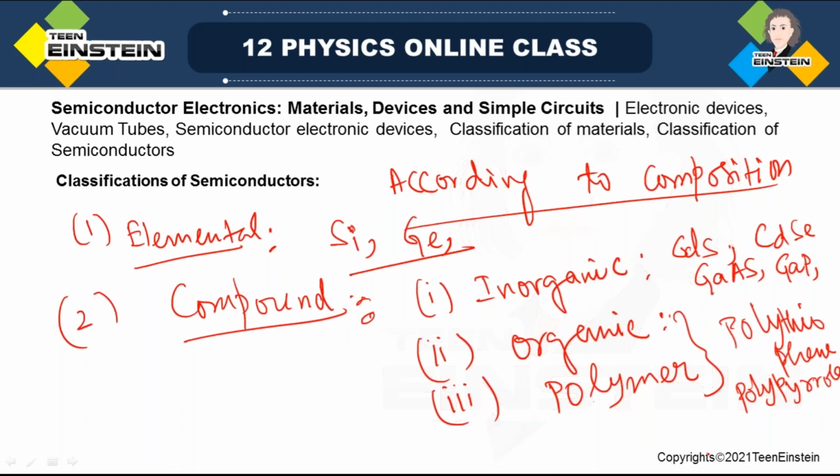Okay, so this is a brief introduction about semiconductors and various classifications of materials based on their resistivity, etc. And we have learned what vacuum tubes are, what solid state semiconductor devices are, and the advantages and disadvantages we have seen.